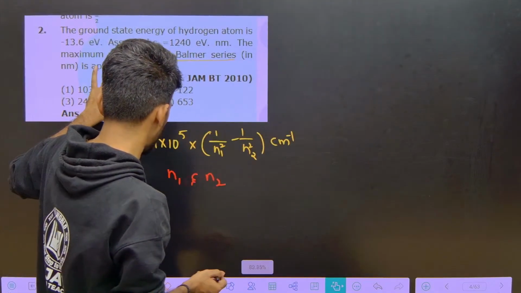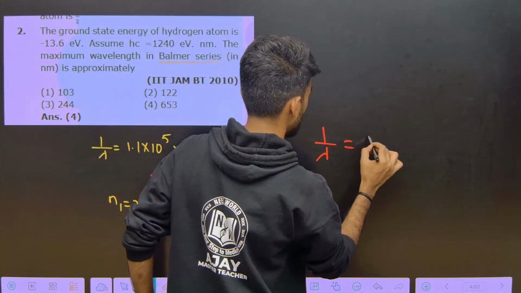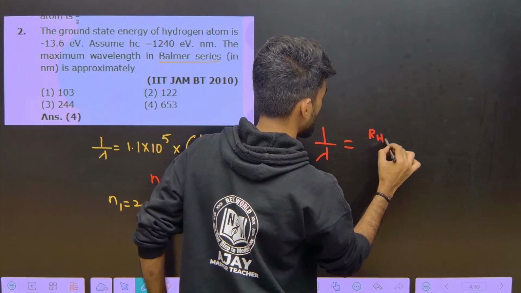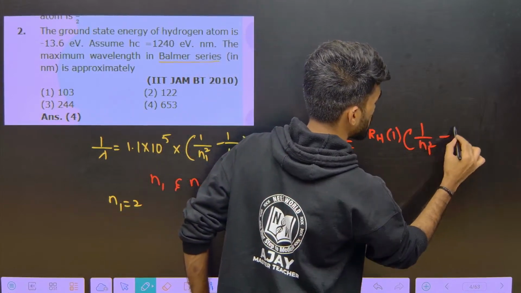So for that you can use 1 by lambda equals RH, with Z taken as 1 for hydrogen, into 1 by n1 square minus 1 by n2 square.